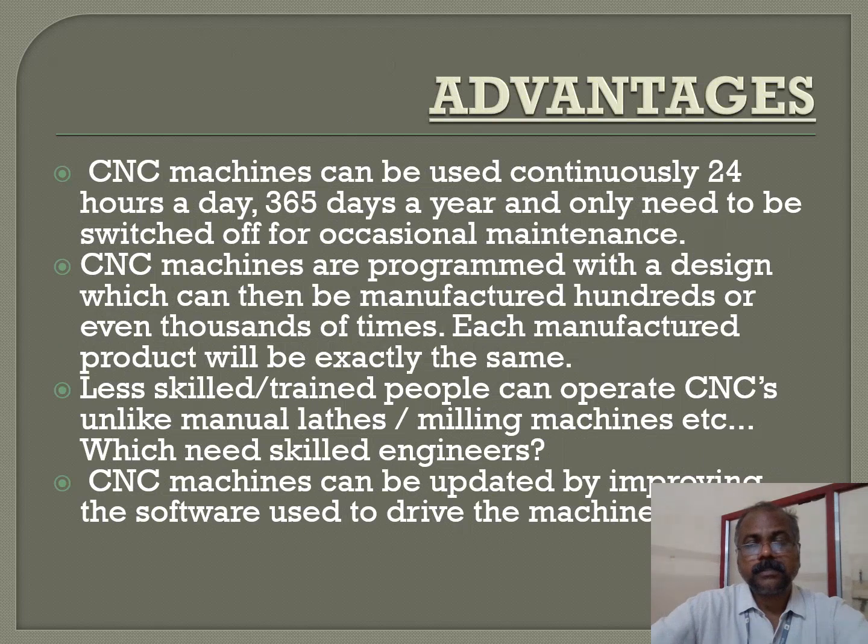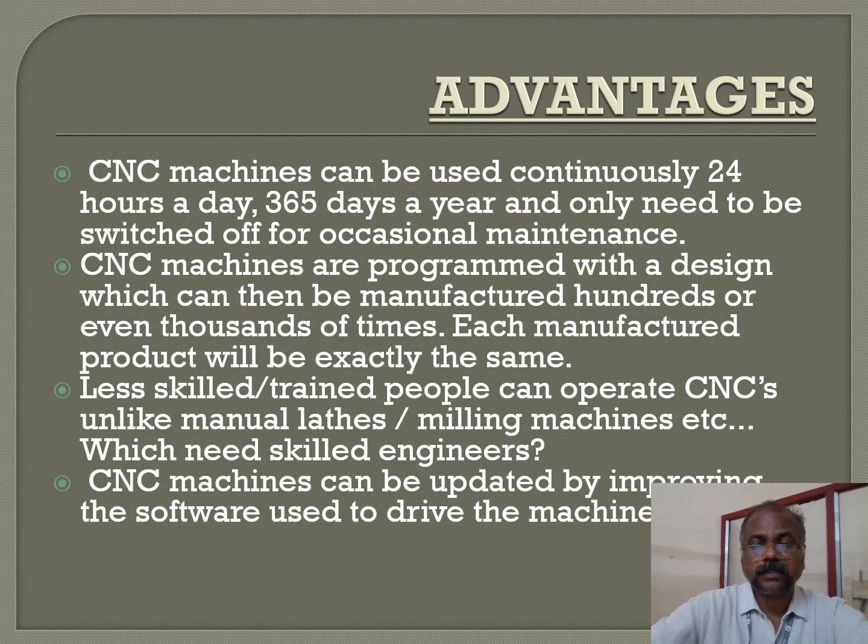Advantages. CNC machines can be used continuously 24 hours a day and 365 days a year, and only need to be switched off for occasional maintenance when they are maintained properly. CNC machines are programmed with a design which can be manufactured hundreds or even thousands of times.